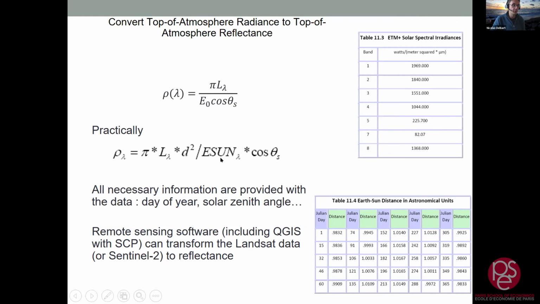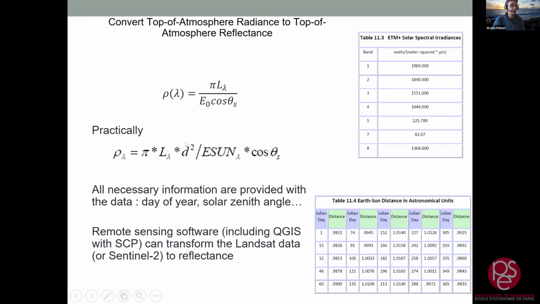And then we have to make another correction, which is the distance between the sun and the Earth, which is changing, of course, during the year. But this can be found in this table. For example, in January, we have a certain distance between the sun and the Earth. In July, we have another distance.